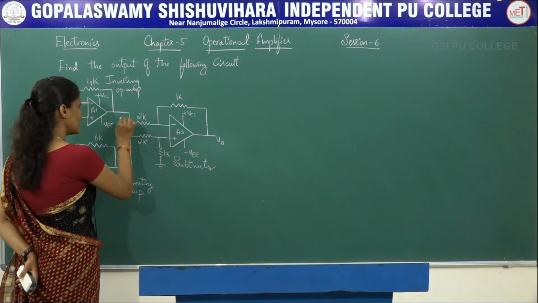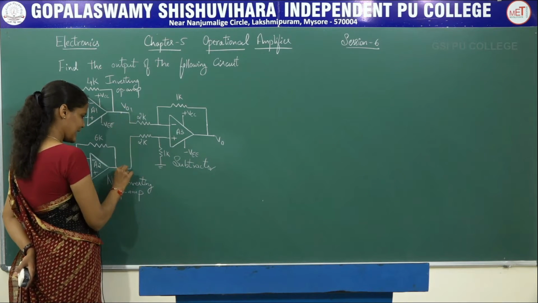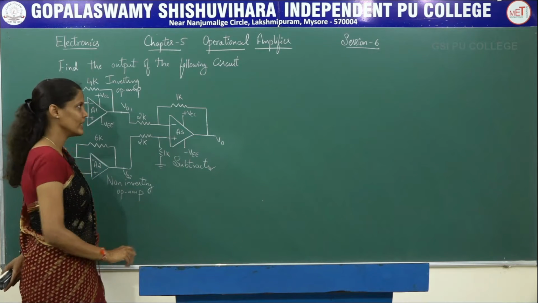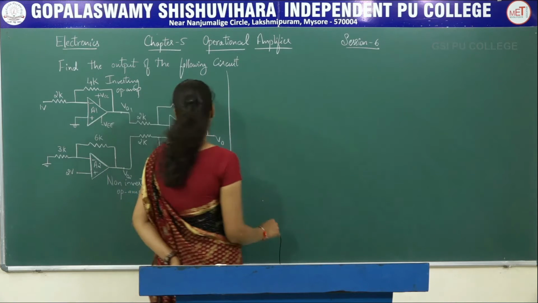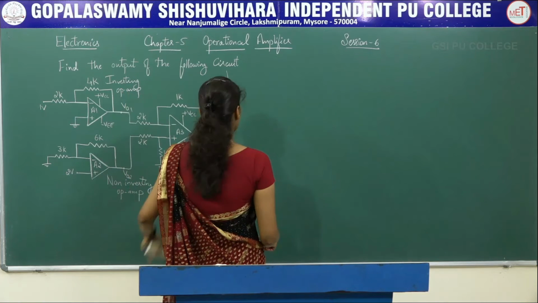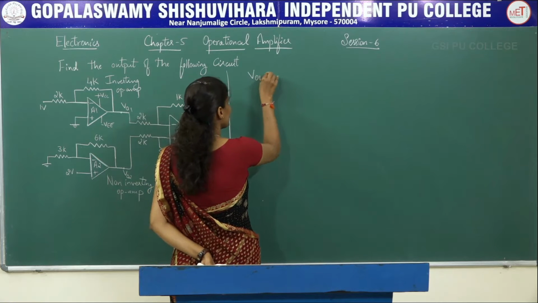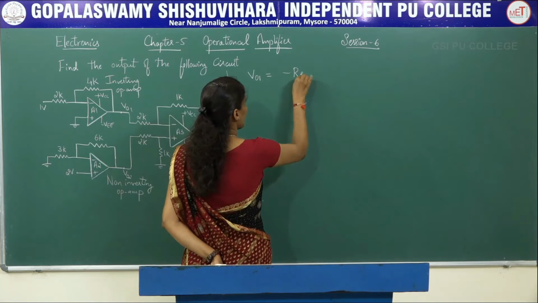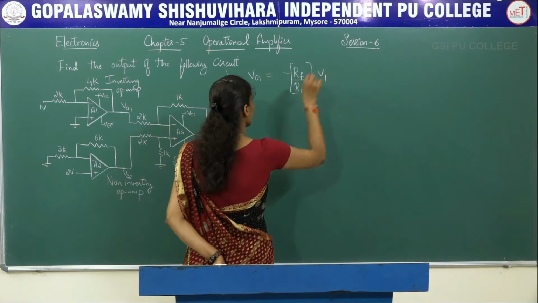Let us call the output coming from A1 as V01, from A2 as V02, and the final output as V0. Let us try to calculate the output voltage. The very first op-amp is an inverting operational amplifier. The formula for the inverting op-amp is V01 equals minus RF by R1 of V1.